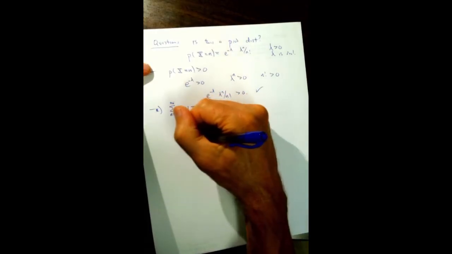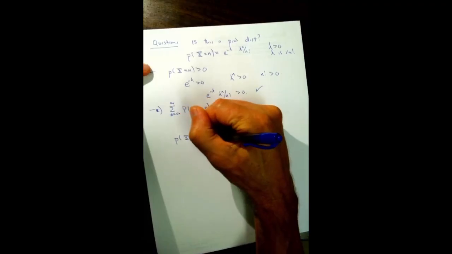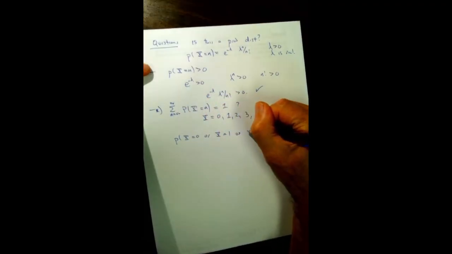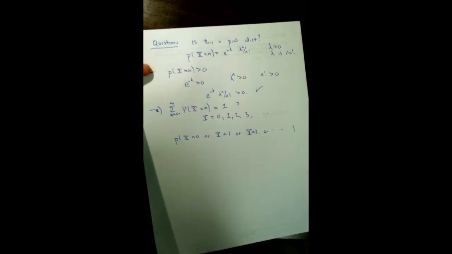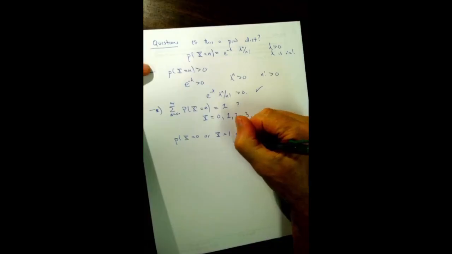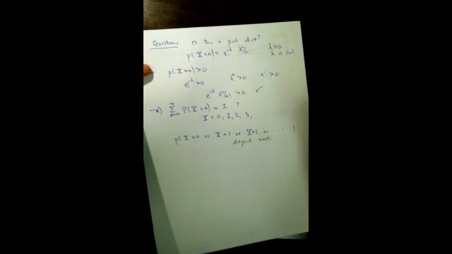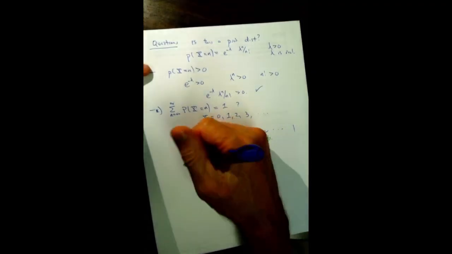And if I look at the probability that x equals 0, or x equals 1, or x equals 2, on out, first thing to notice is these are all disjoint events, right? If x is 2, it can't also be 0.